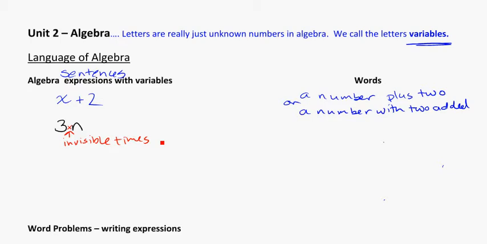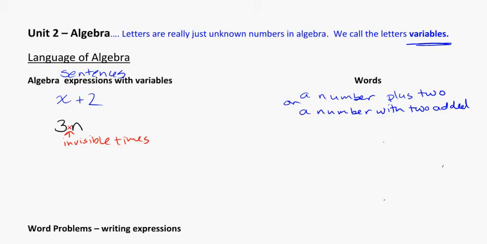And we don't write the times sign, we leave it invisible just because, I don't know, we get tired of writing it over and over again, so this is kind of like a shortcut. When you don't have to write it, you don't. So what we're saying is that when you see a number and a letter, you'll have an invisible times sign in between them. So if we look at that again, we can say 3n, but really what we mean is 3 times n. And remember that n is just some number we don't know.